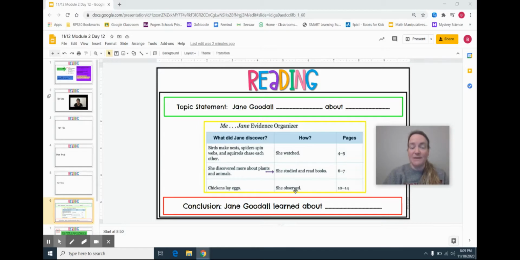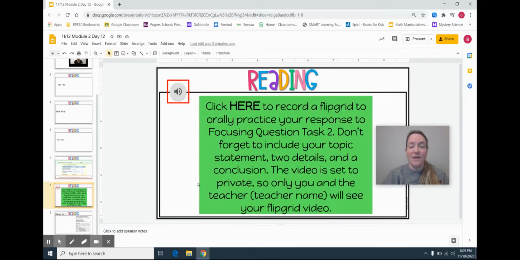You will use this slide to help you whenever you are ready to practice orally or out loud on your Flipgrid video what you plan to write tomorrow when you write your final response to focusing question task 2. All right, so now let me show you the next slide really quick. This is where you will click to record your response to your focusing question task 2.